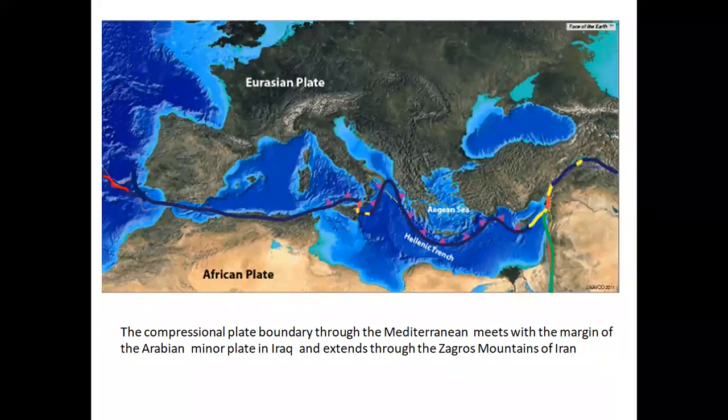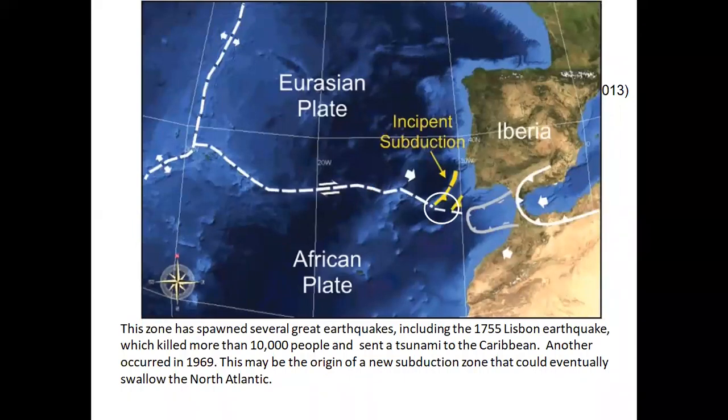We can see the great arcs of the Alpine ranges north of Italy and the Carpathians swinging, moving back a little bit here, there's a complexity westward, and there appears to be a new subduction zone occurring off Portugal, which may well in the future extend and start to subduct material, which is an interesting thing for the future of the North Atlantic.